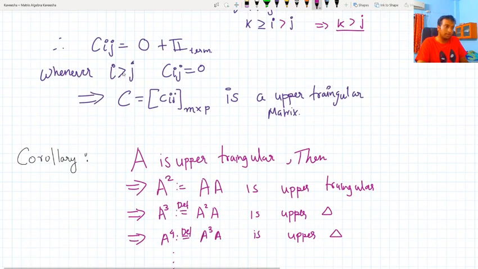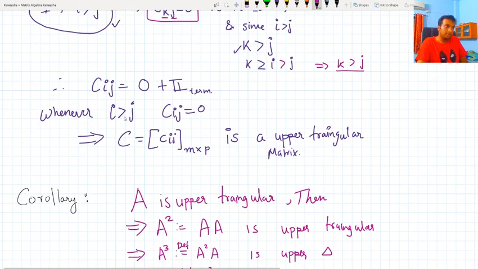Then C_ij is nothing but 0 plus the second term, and the second term is 0 when i is greater than j. That's what we want to prove: C_ij is 0 when i is greater than j. We don't care when i is equal to j or when i is less than j, because the matrix is upper triangular, and we only care about the lower part.